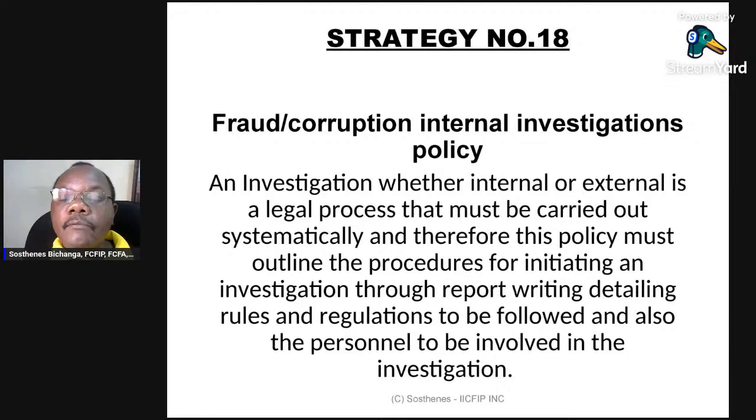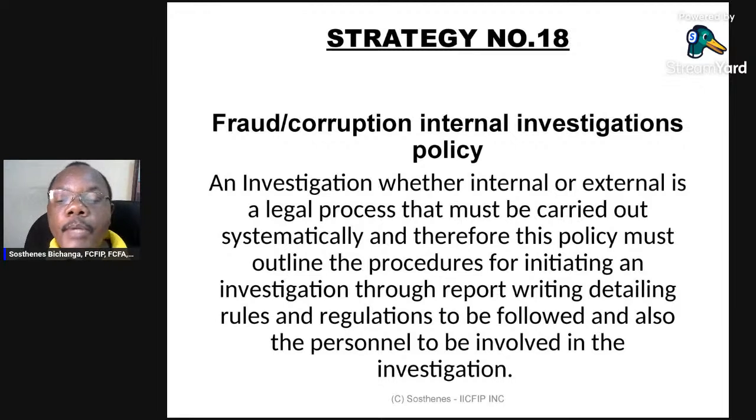Main contents of the Investigation Procedures Manual. A. Definitions of the legal terms or phrases used in the manual to enable the users and the readers to understand and apply its provisions with clarity.